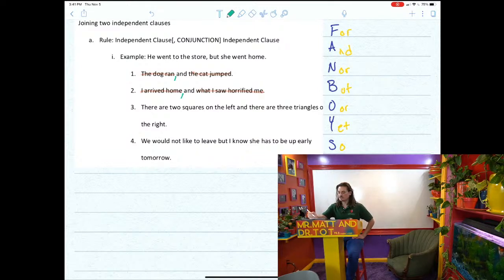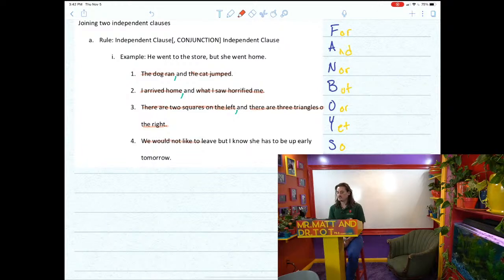Number 3, there are 2 squares on the left. That can be its own sentence. And there are 3 triangles on the right. That can also be its own sentence. So we need a comma conjunction. Number 4, we would not like to leave.